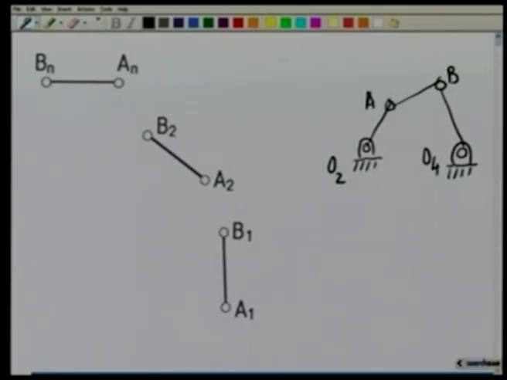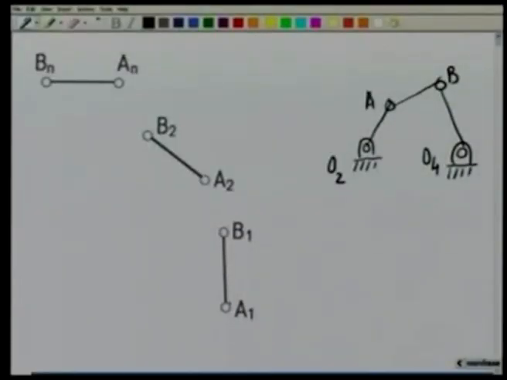By motion generation problem with 3 accuracy points, what we mean is that this coupler rod AB has to take up these 3 positions, namely A1, B1, A2, B2 and say A3, B3. That is, n is equal to 3. So, our objective is to determine this 4R linkage such that the coupler AB occupies these 3 positions during the movement of this mechanism. This is a guidance problem without any coordination with the input movement.